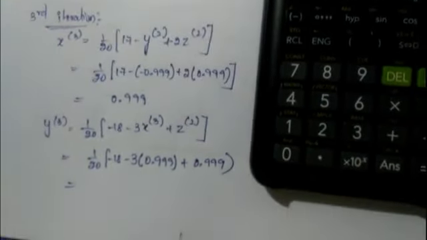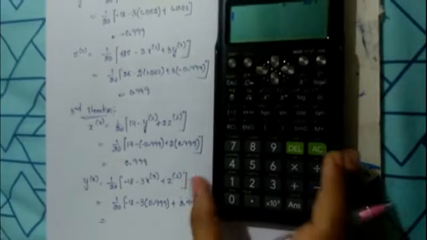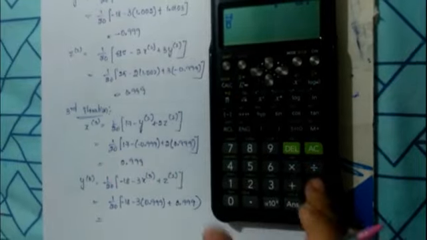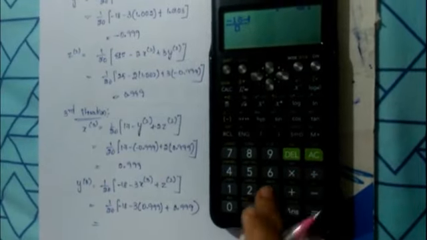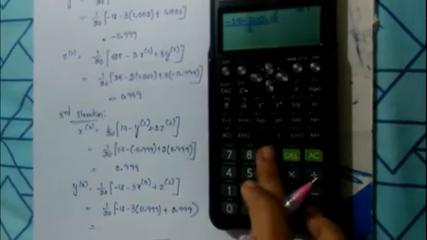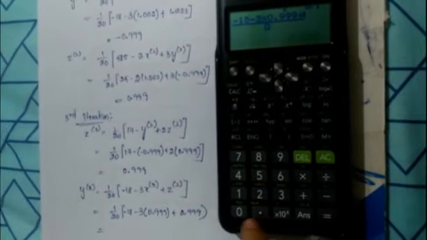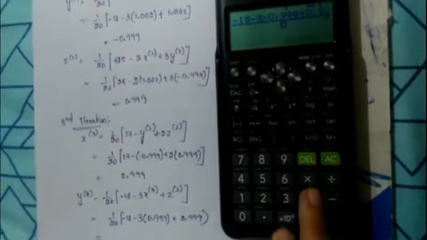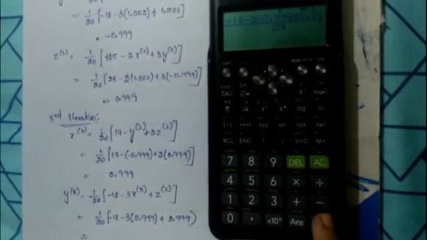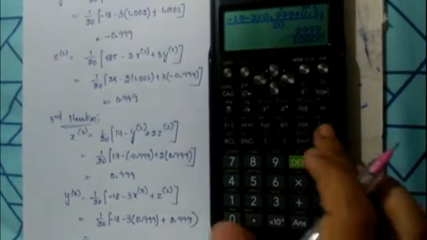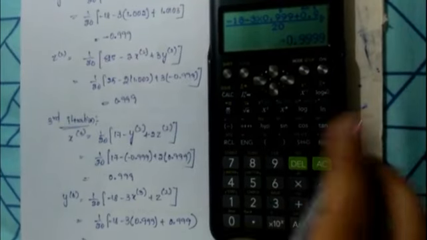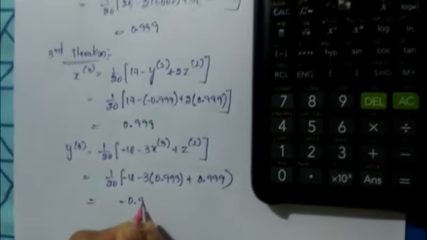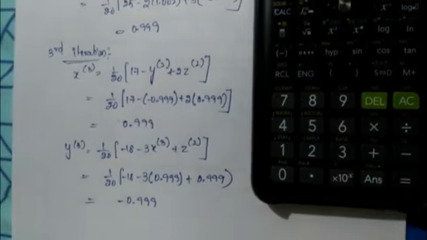Then click on AC, the fractional one, minus 18 minus 3 into 0.999 plus 0.999. Get the cursor into the denominator, enter the value 20, equals, you got it as this, and click on S by D.